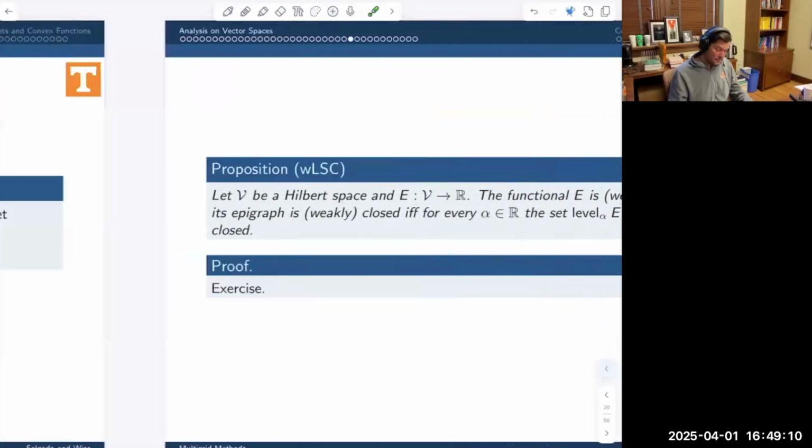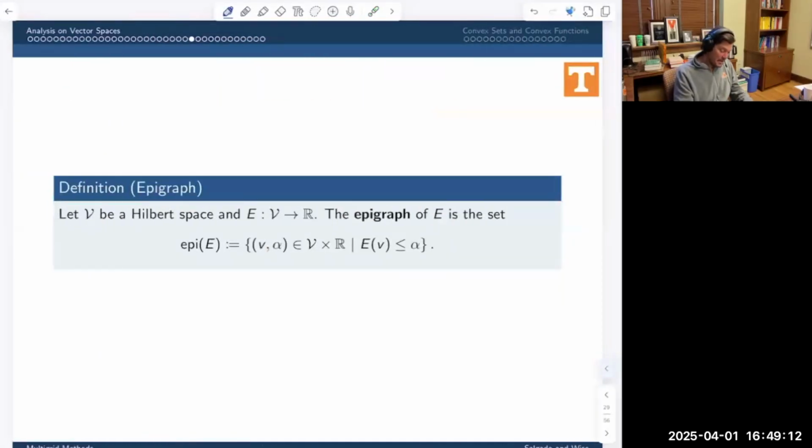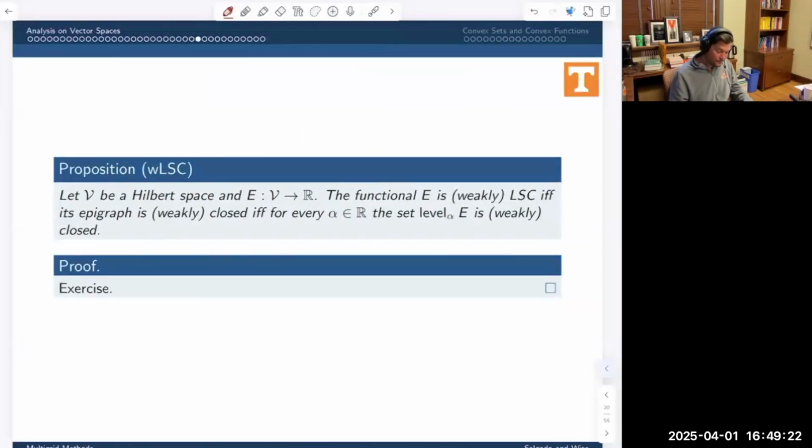So we just need to edit our slides and put that in red. So, three ways of determining whether a function is lower semi-continuous and weakly lower semi-continuous.